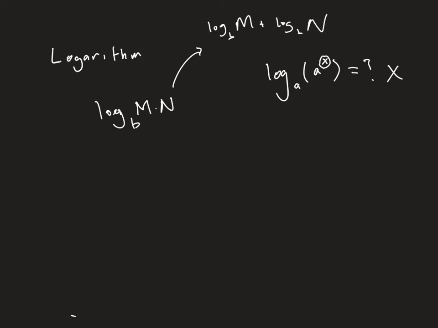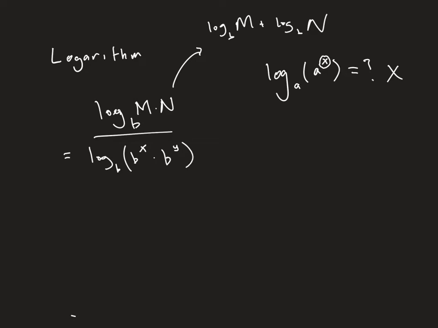We're going to prove that. So let's start with this side of the equality, though. Well, we just showed that we can actually rewrite this as log base b of b to the x times b to the y.